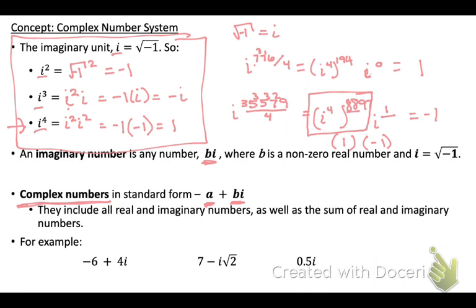We are going to treat I, I told you it wasn't a variable, but we're going to treat it like a variable when we do math with it. So it has like terms. Make sense?